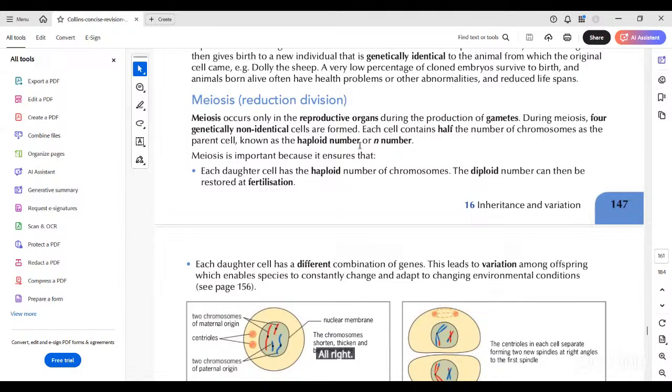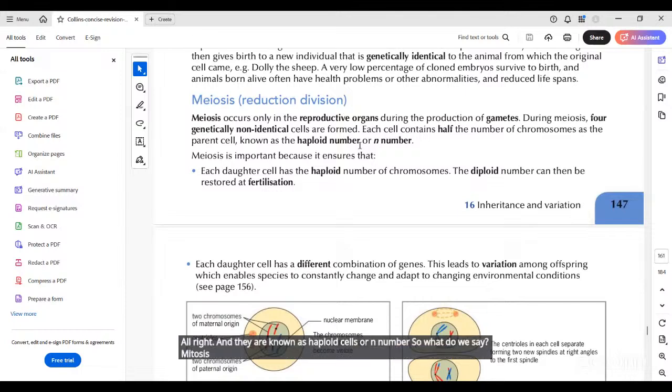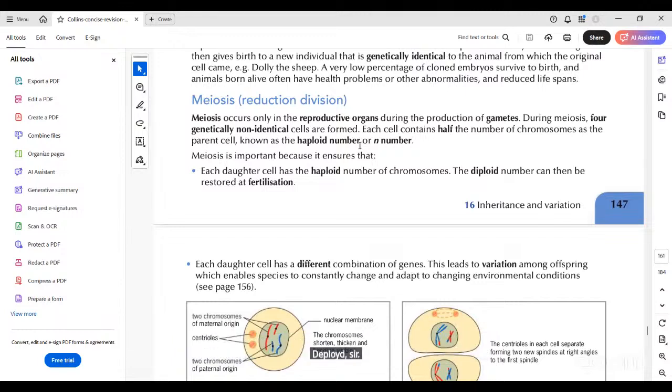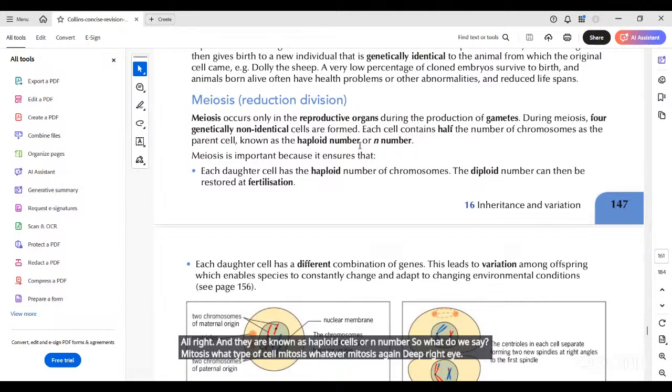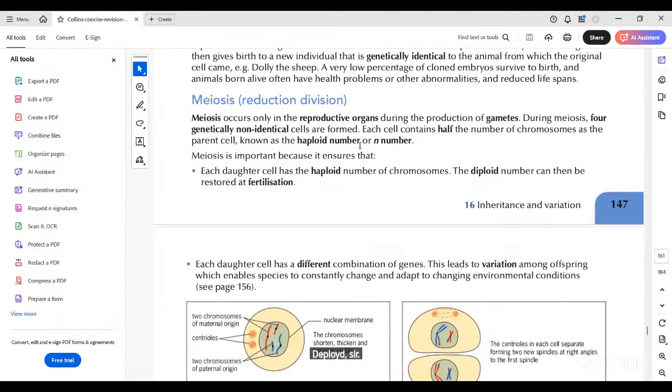They are known as haploid cells, or N number. So what type of number does mitosis have again? Diploid, 2N. And meiosis has what kind of number? Haploid, or N number. Exactly.